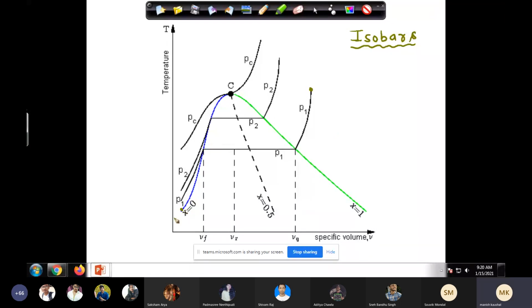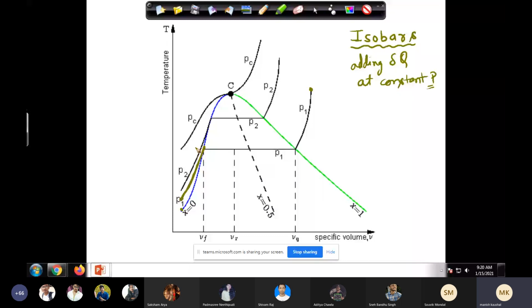So let's say we start somewhere from here, let's say this point, then as you supply more and more heat at constant pressure, the gas will expand because of the heat which you are supplying, some part of that energy will do work, as well as the internal energy of the gas will increase. So temperature is increasing, but still it is liquid.